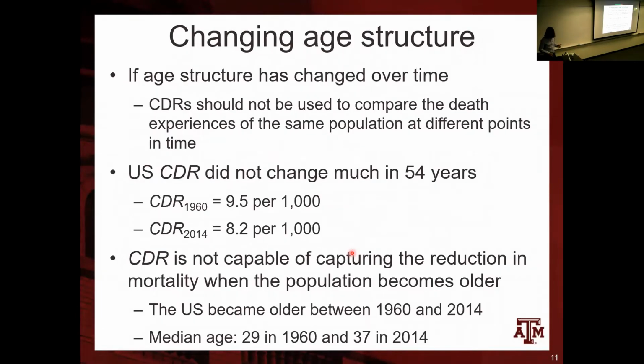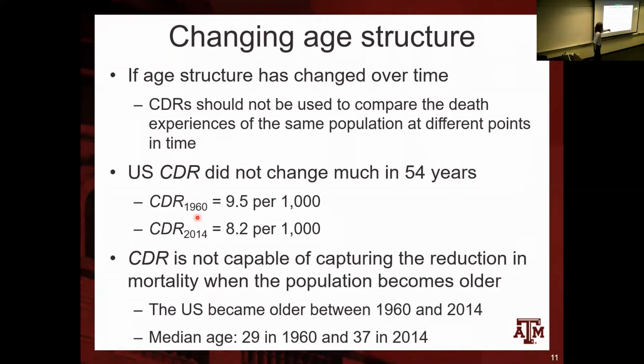And moreover, we should not compare the death experiences based on the crude death rate, even for the same population at different time points. For example, in the US, back in 1960, it was estimated a crude death rate of 9.5. So 9.5 people die in the US for every 1,000 people in the country.